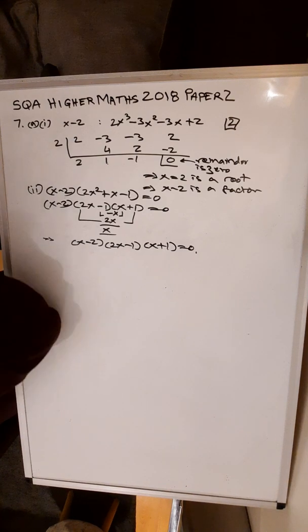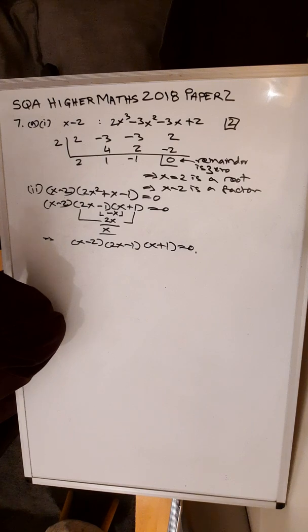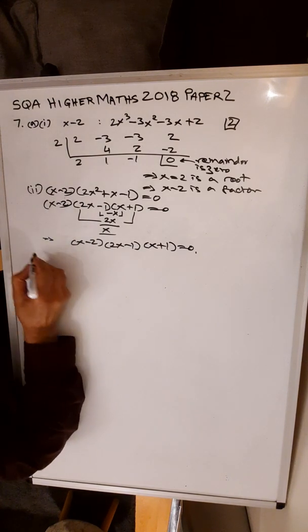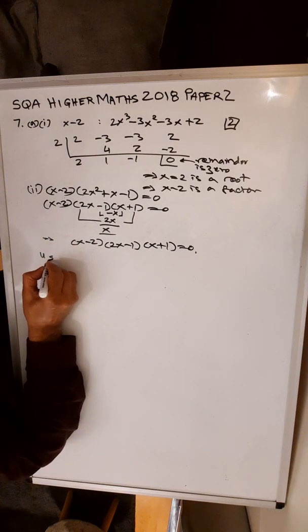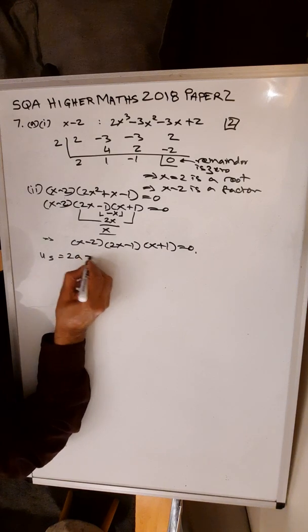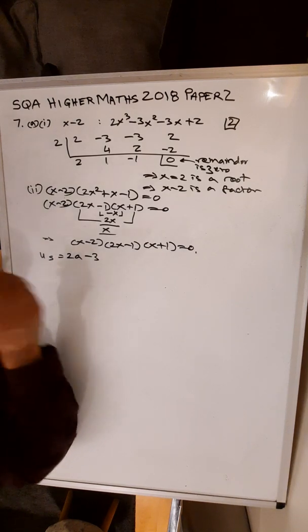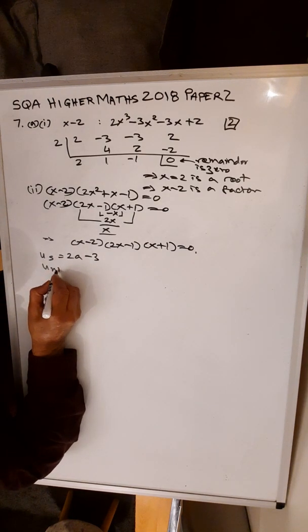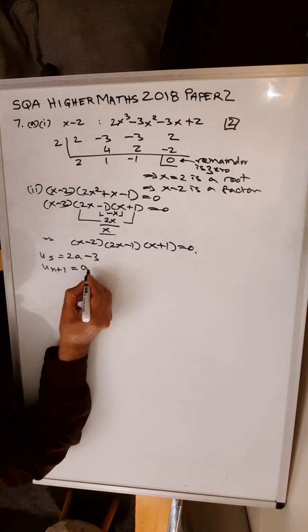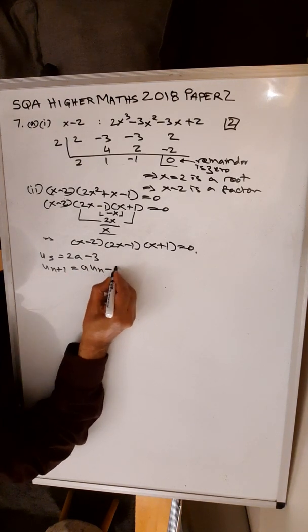So the fifth term, u5, of a sequence is given by u5 is equal to 2a minus 3. The terms of the sequence satisfy the recurrence relation u n plus 1 is equal to a u n minus 1.